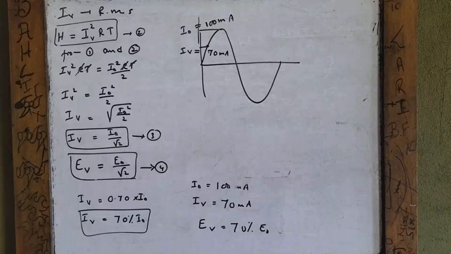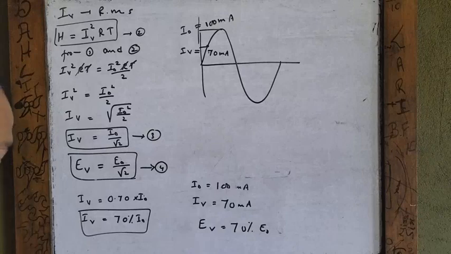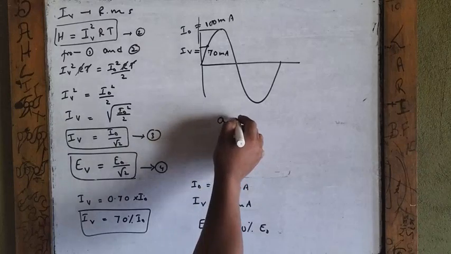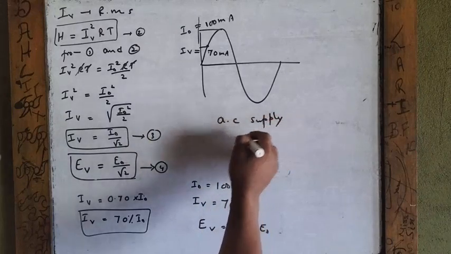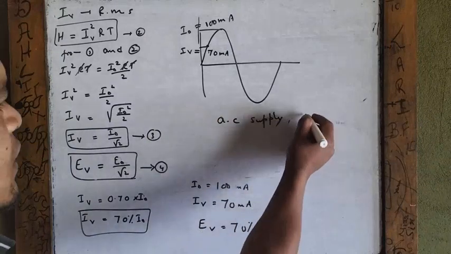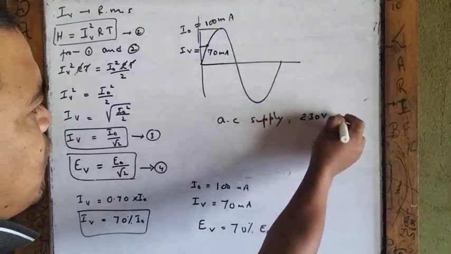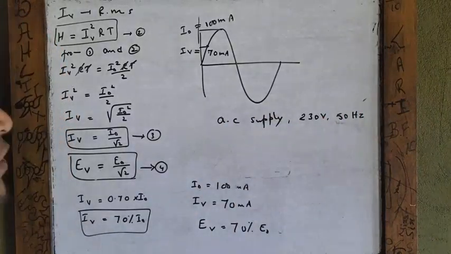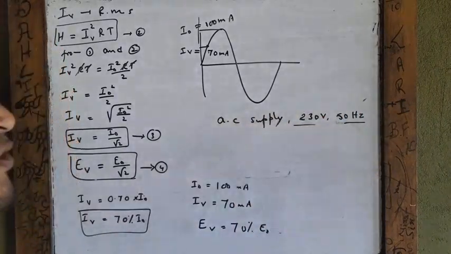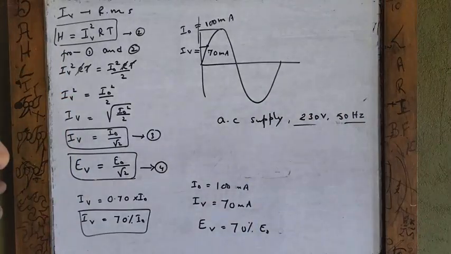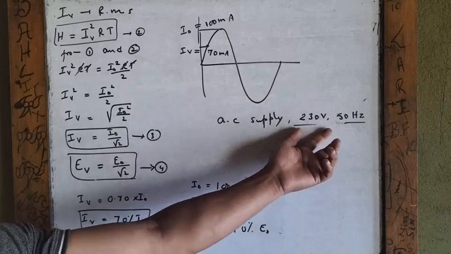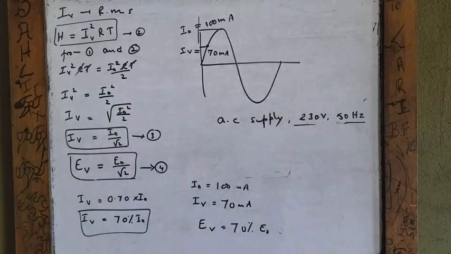So what is the importance of this root mean square value? The importance is that, suppose in any domestic AC supply, it is written as 230 volt 50 hertz. I think you might have seen this in any electrical appliances, whether it is your electric bulb, your electric heater or any appliance, you will always find these types of numbers.